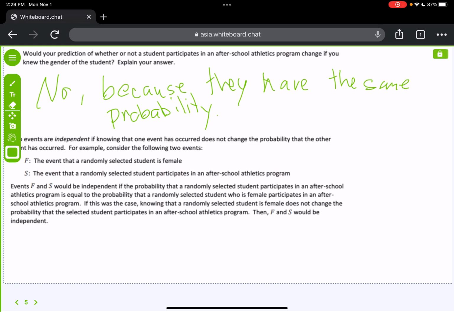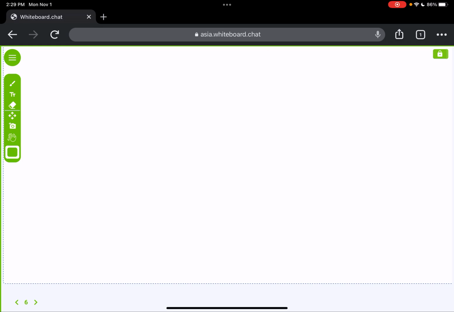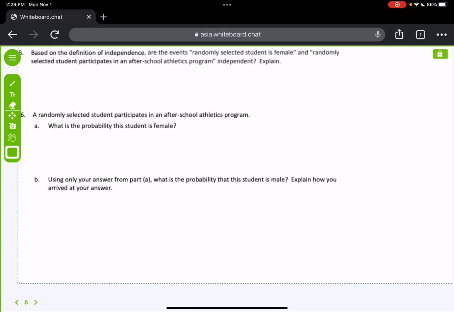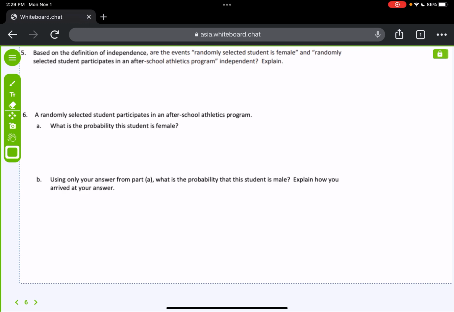Okay, yeah, because it doesn't matter whether they're male or female or just in general, because the whole probability of that was going to be about 40% anyway. So those are independent events. It does not change the probability that the other event has occurred. Okay, so let's look at the next page. Page 5 says, based on the definition of independence, are the events randomly selected student is female and randomly selected student participates in an after-school athletic program independent?